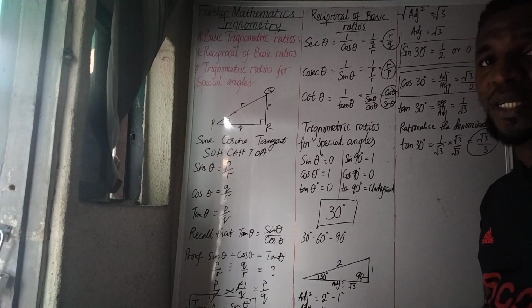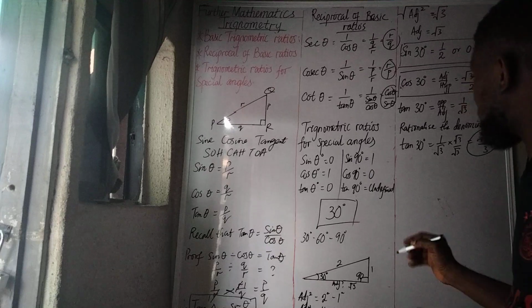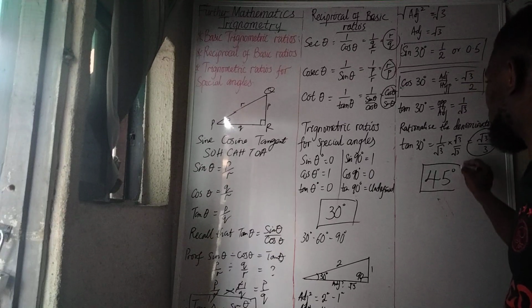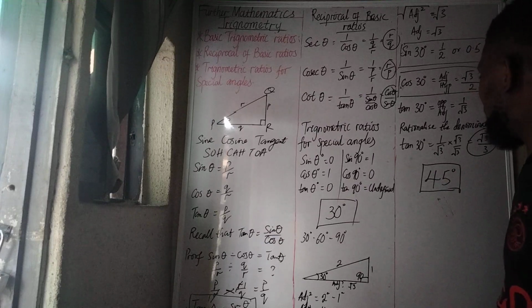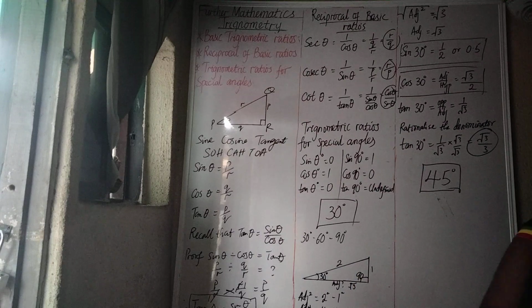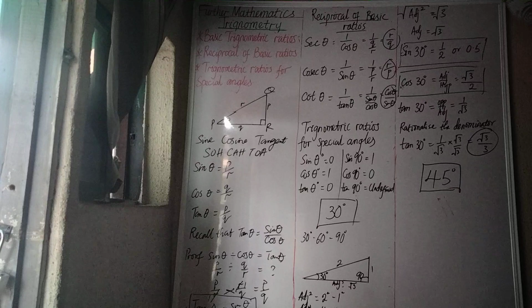The next on our agenda is special angle 45 degrees. So let us write it out here. Special angle 45 degrees. In special angle 45 degrees, I will deem it fit to draw something that will help us.